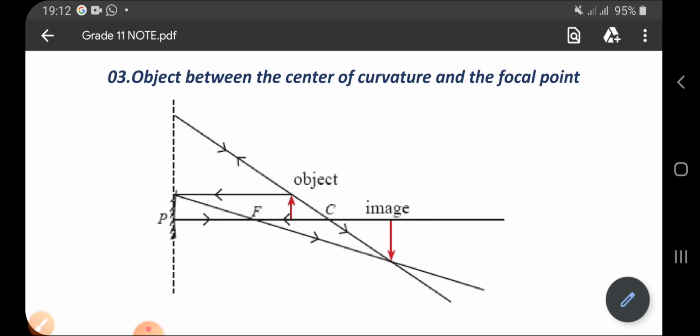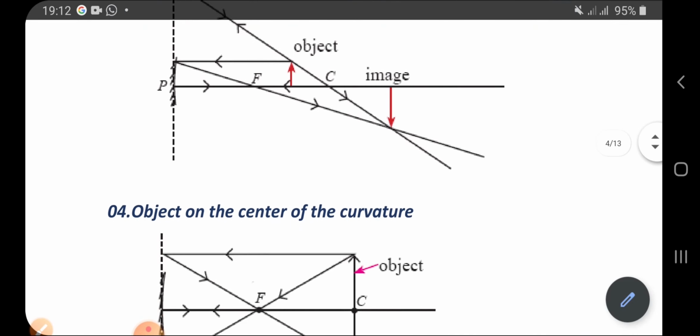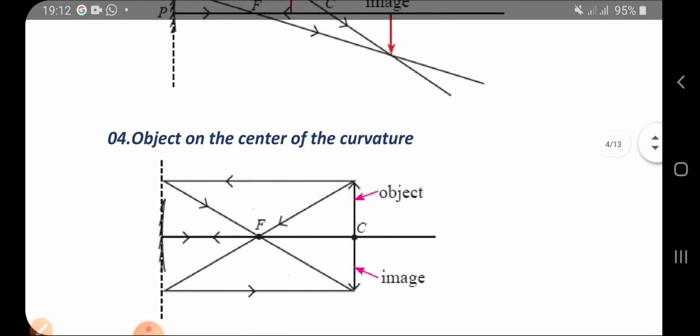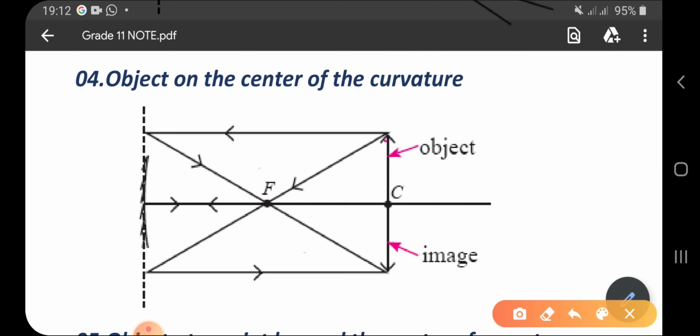Let's move on to the fourth one, the object which is kept on the center of the curvature. As you know, the light ray which is coming parallel towards the principal axis will move through the focal point. And the same thing happens: the light ray which is coming through the focal point will move parallel to the principal axis.